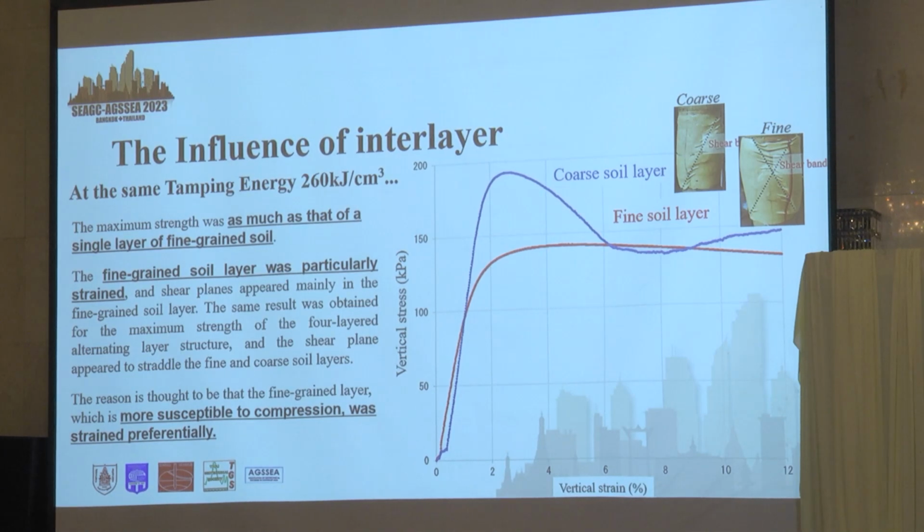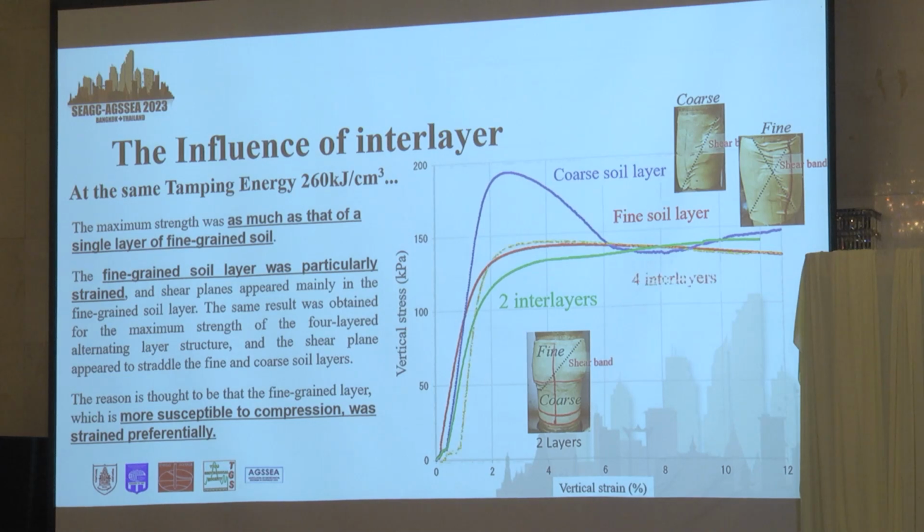The maximum strength in the interlayered structure was as much as that of the single layer of fine-grained soil. The fine-grained soil layer was particularly strained in the two-layer example, and the shear planes appeared mainly in the fine-grained soil layer.